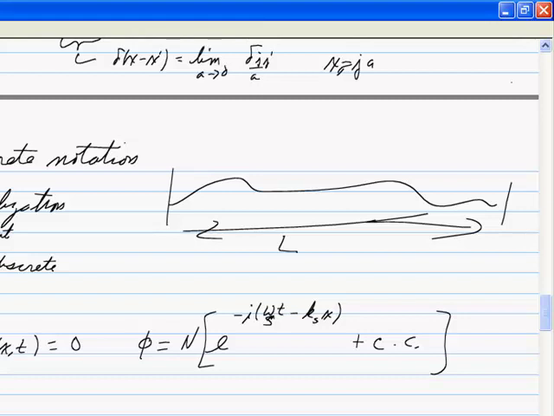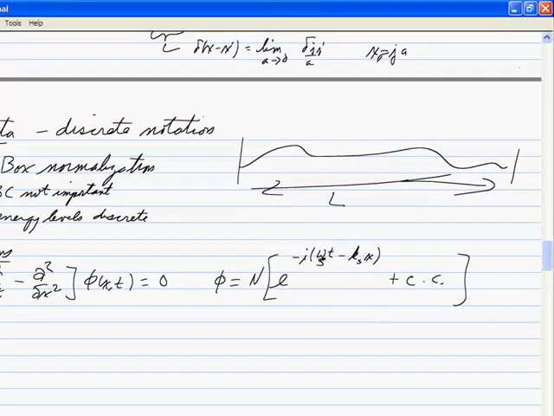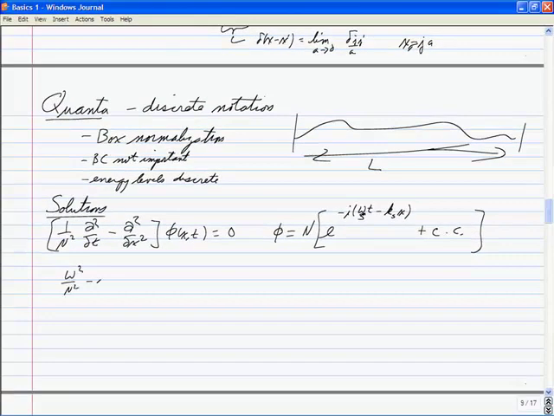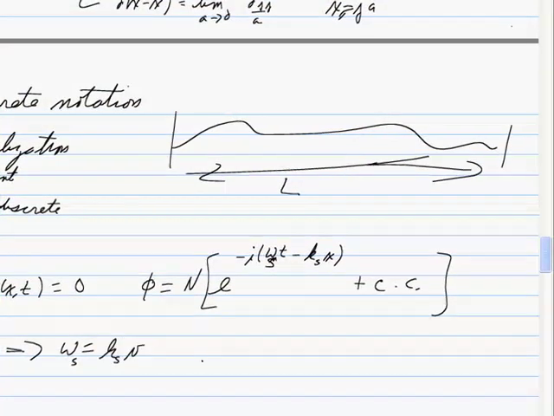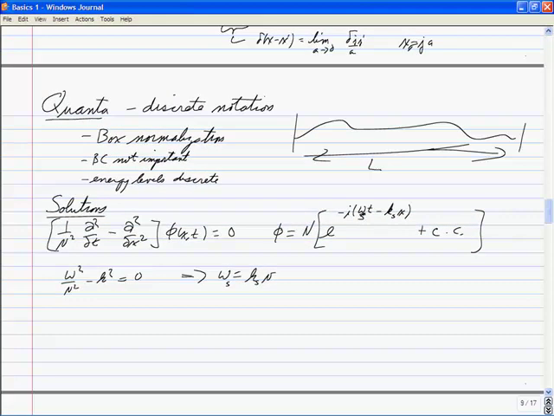We have omega squared over v squared minus k squared equals 0. So omega s is k s v, and all we care about is that that's some discrete label. Okay.